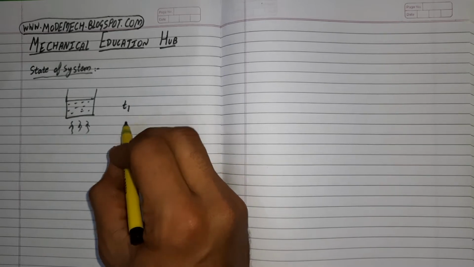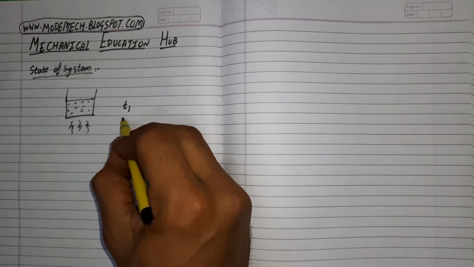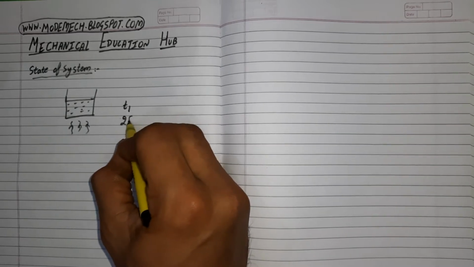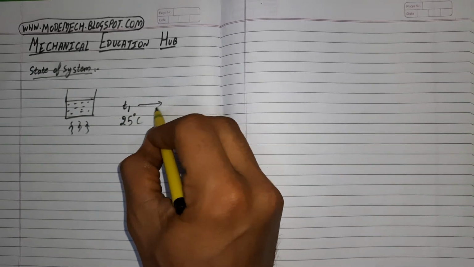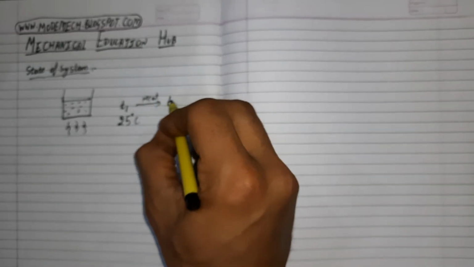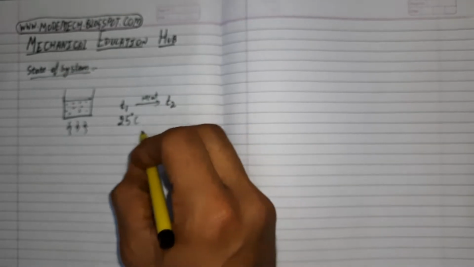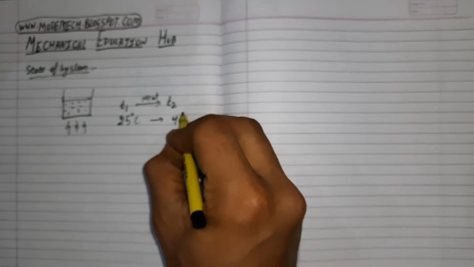At this time t1, let us say the temperature of this container is 25 degrees Celsius. Now as time passes and we are supplying heat, after some time at time t2, we will see that the temperature of this water will rise. Let's say it rises up to 40 degrees Celsius.